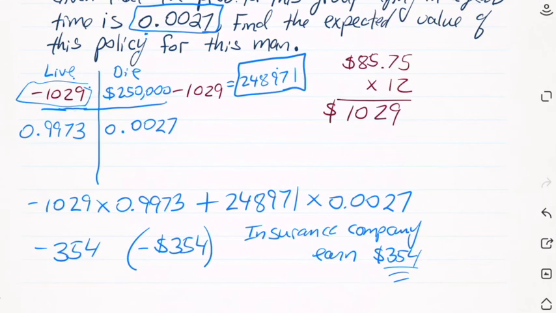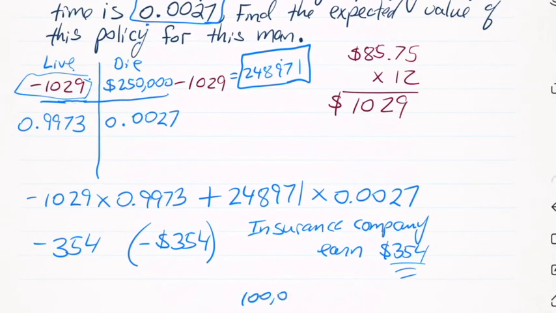Now, if they sell 100,000 of these policies to 55-year-old men that don't smoke, and so on, they're going to earn themselves $354,000.